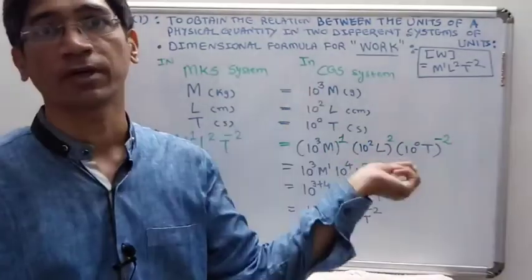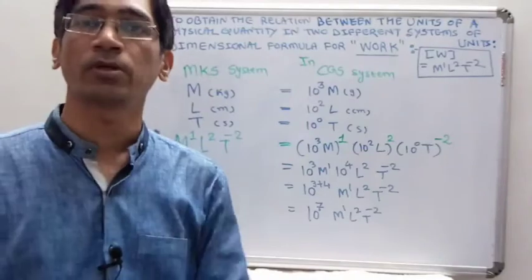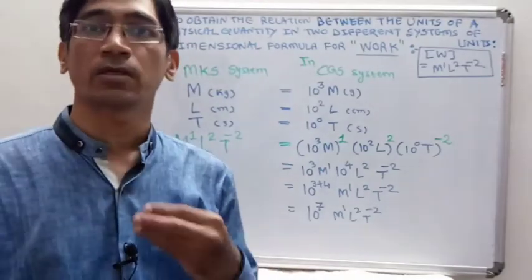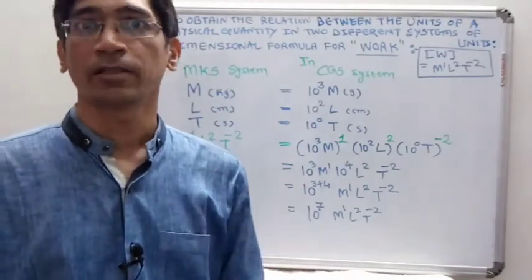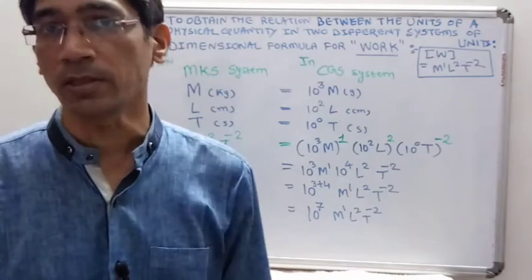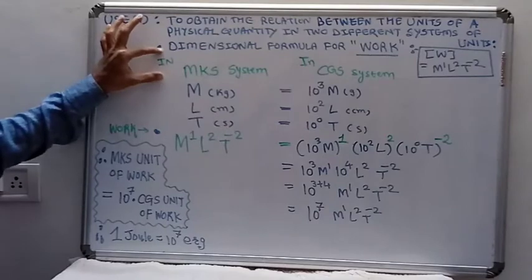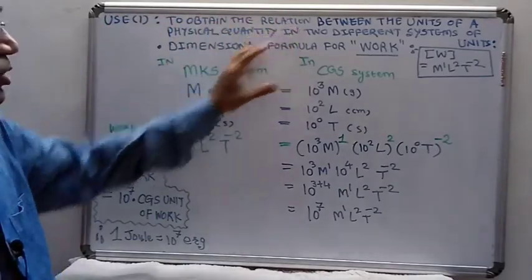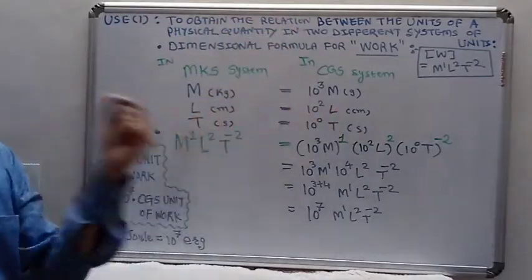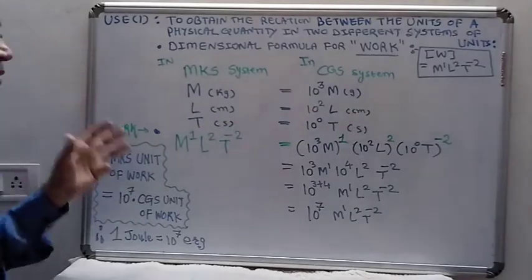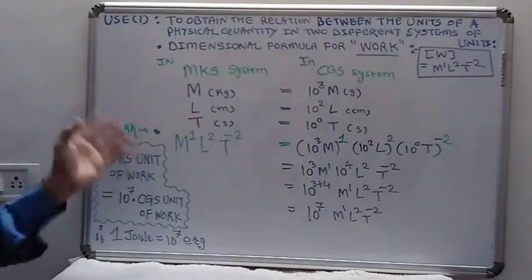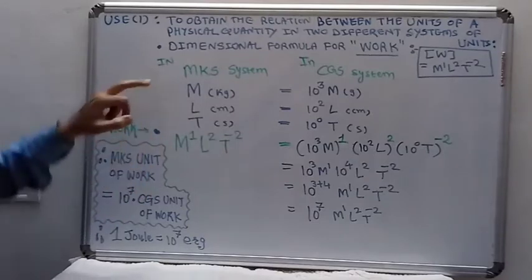The dimensional formula of work is equal to the dimensional formula of kinetic energy as well as potential energy. Energy and work have the same dimensional formula. So here, for work in the MKS system and the CGS system, we are comparing the mass, length and time quantities in terms of their units.